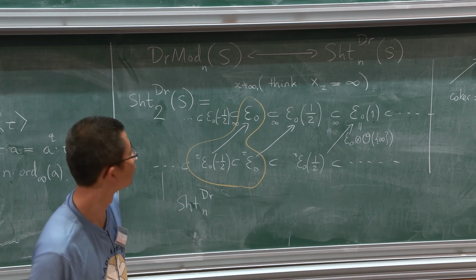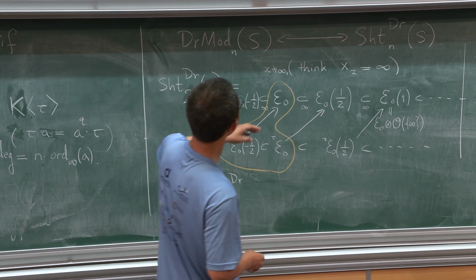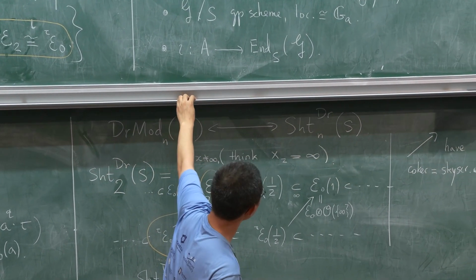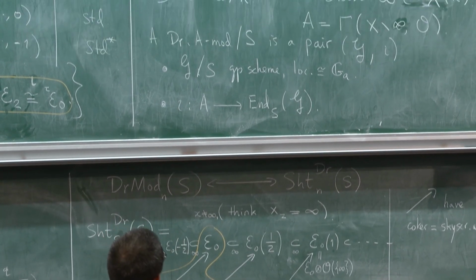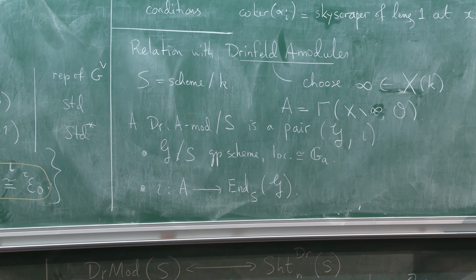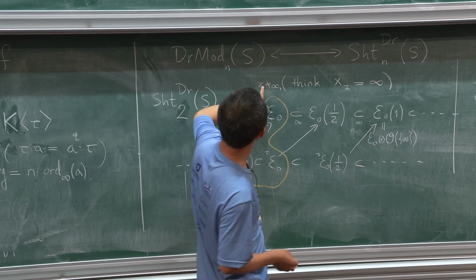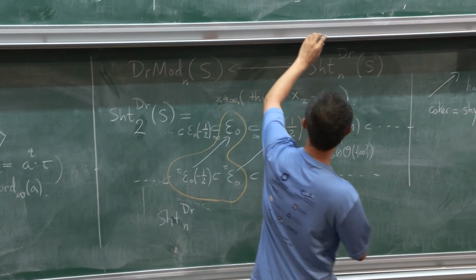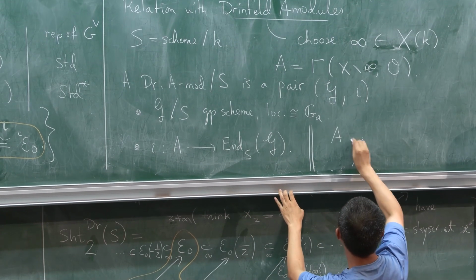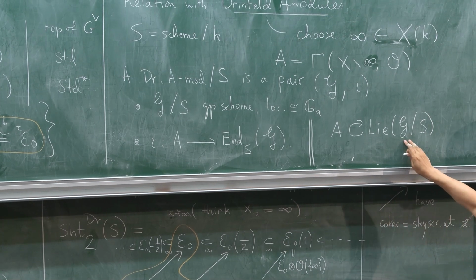Yes? The definition of Drinfeld modules? Yeah. Do you take S to be a scheme over A instead, so that you can get the moving leg? Okay. So the question is, in the definition of Drinfeld module, should I take S to be a scheme over A? And to get that would correspond to the leg here. The answer is it's actually somewhere hidden in this data. So if you look at how A acts on the Lie algebra of G over S, this is a one-dimensional group scheme.